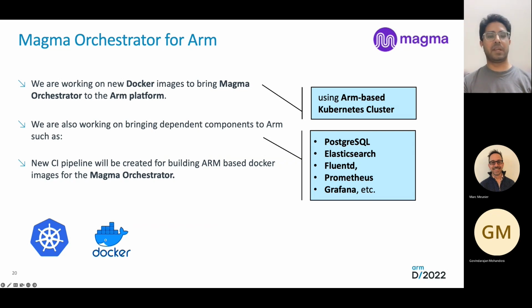Second is finding all the ARM-dependent images, such as PostgreSQL, Elasticsearch, Fluentd, and all these extra things that our orchestrator depends on for enabling all the functionalities and features that we have. Once we have a final build ready for the ARM platform, we will develop a new CI pipeline that will build all these ARM images and push them to our Artifactory for ARM.